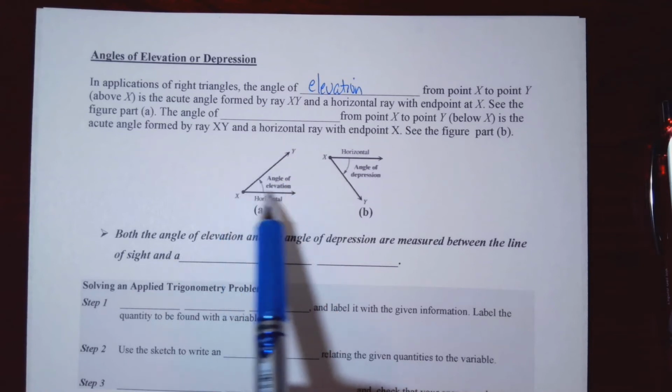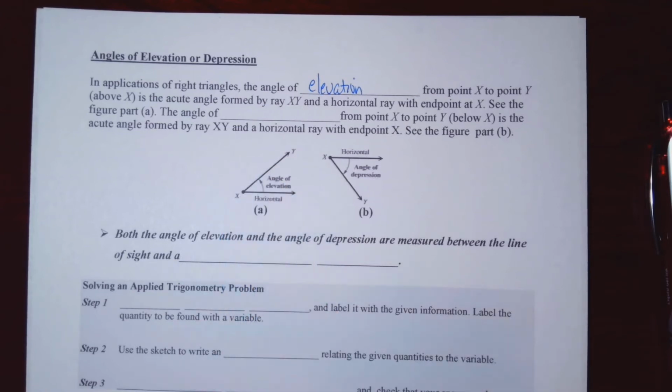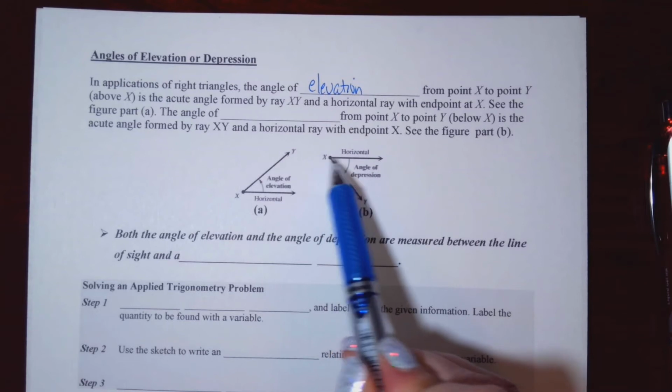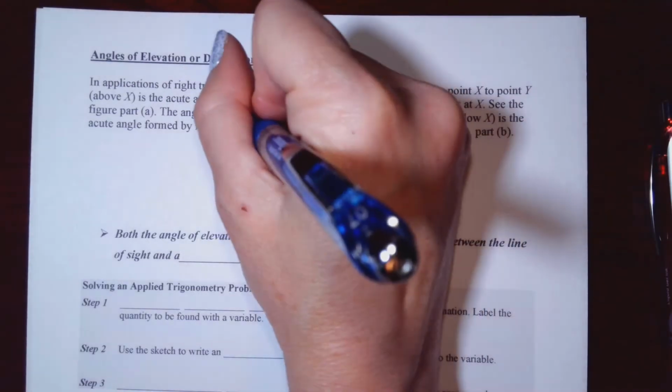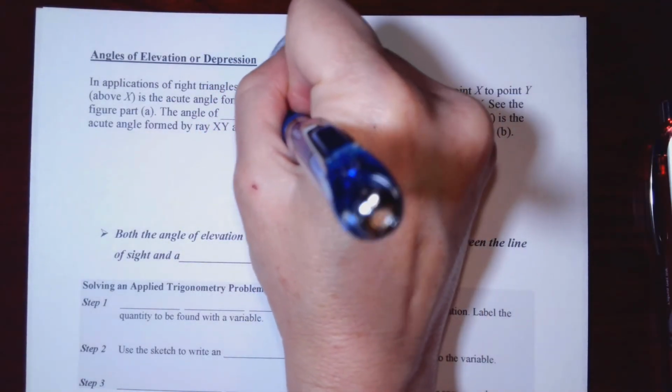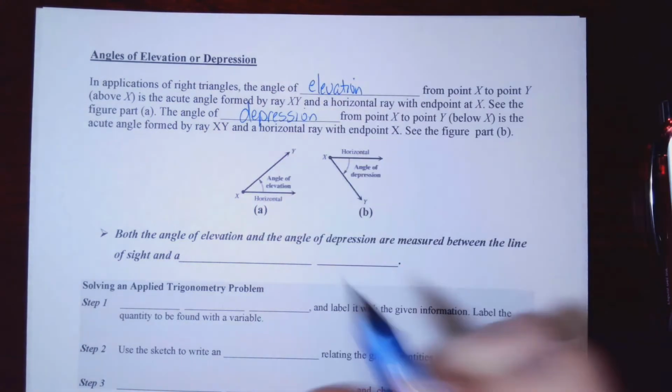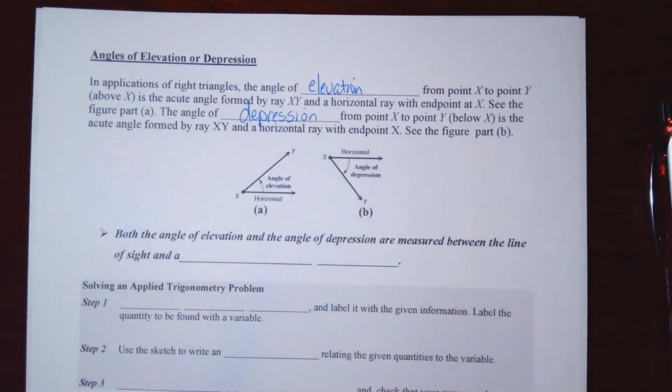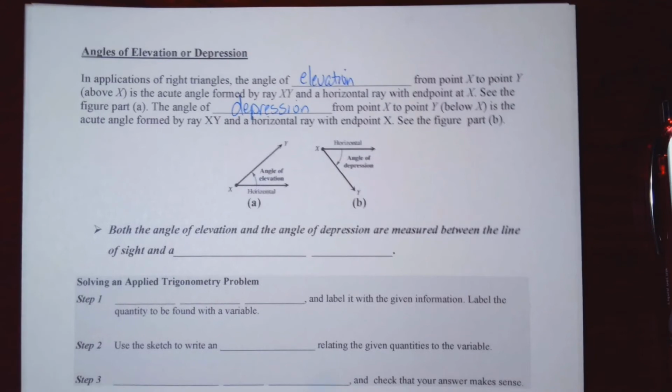If I'm moving from the horizontal down, that's an angle of depression. So up is elevation, down is depression, and it's always from that horizontal.